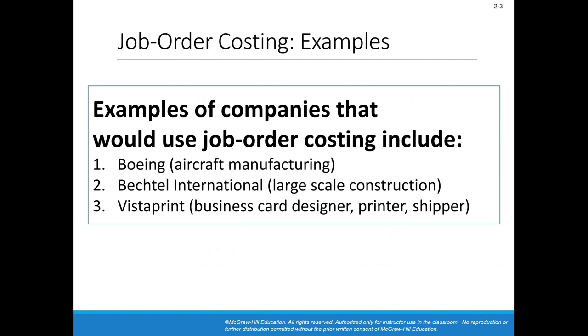It takes them a long time, so they would have a job order for that particular plane. Large scale construction. Vista Print, business card designer, printer, shipper. So when you order business cards from Vista Print, they will do it by the job, and they will allocate overhead for those particular jobs.